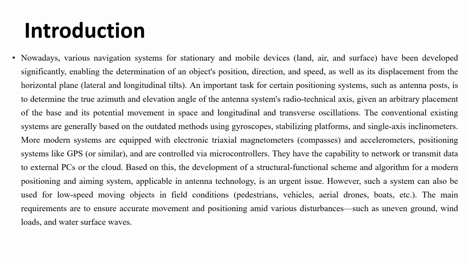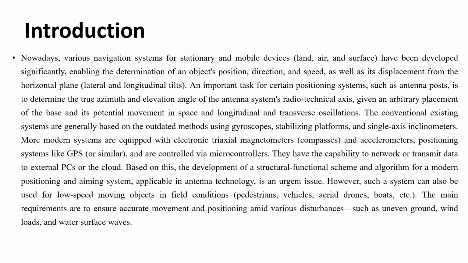Nowadays, various navigation systems for stationary and mobile devices have been developed significantly, enabling the determination of an object's position, direction, and speed, as well as its displacement from the horizontal plane. An important task is to determine the true azimuth and elevation angle of the antenna system's axis.